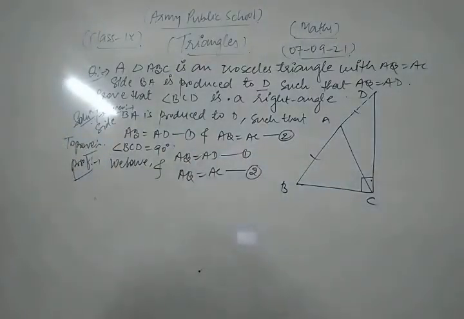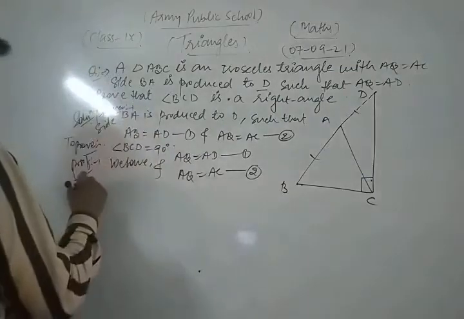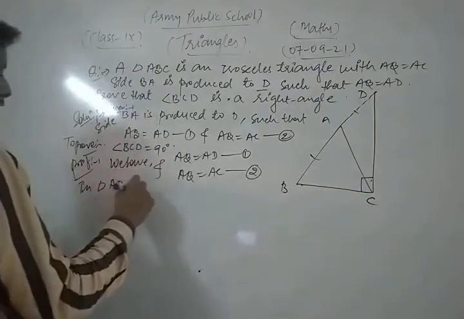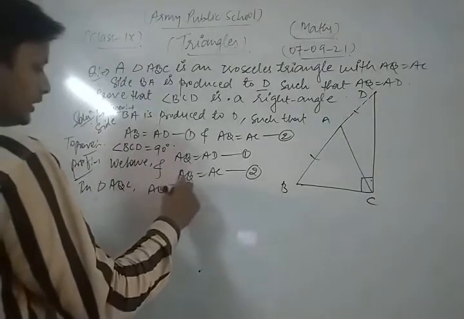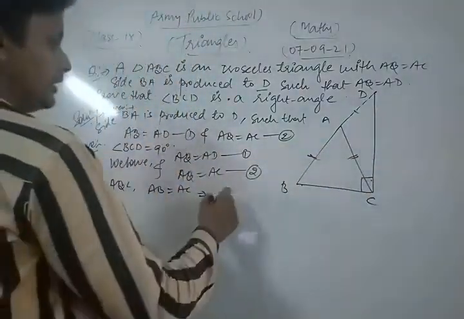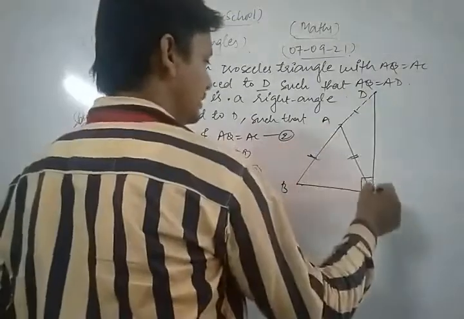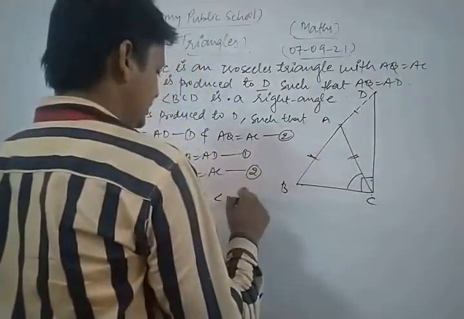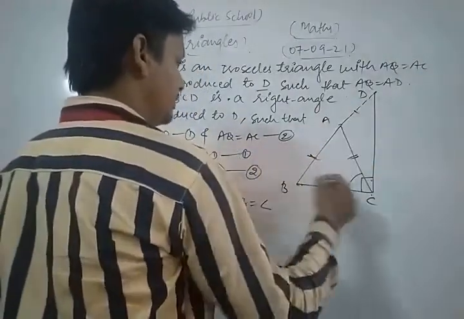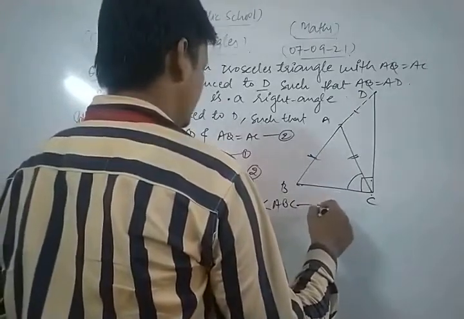Now, AB is equal to AC, it is given. In triangle ABC, side AB is equal to side AC, then angle ACB is equal to angle ABC. We take this as equation number 3.